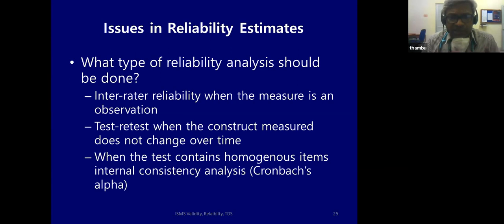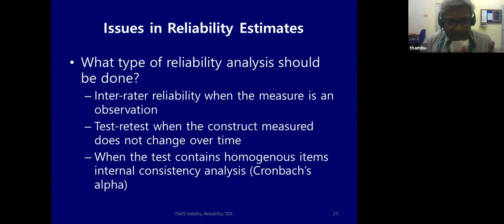Just remember this: inter-rater reliability is used when the measure is an observation. You're measuring depression, and you want to see how two different people rate, do the same Hamilton depression score. Test-retest is when the construct is measured over 2 points of time, and you assume there is no change in that construct or the value of that variable between the 2 times.